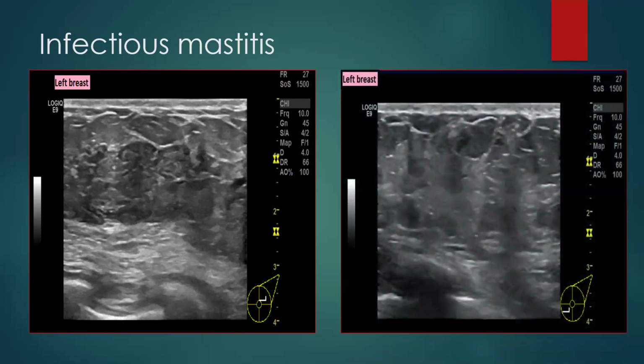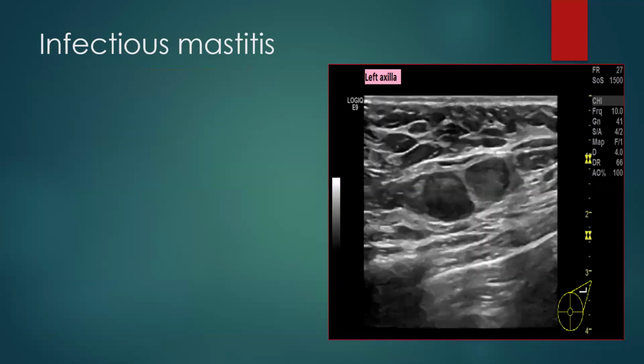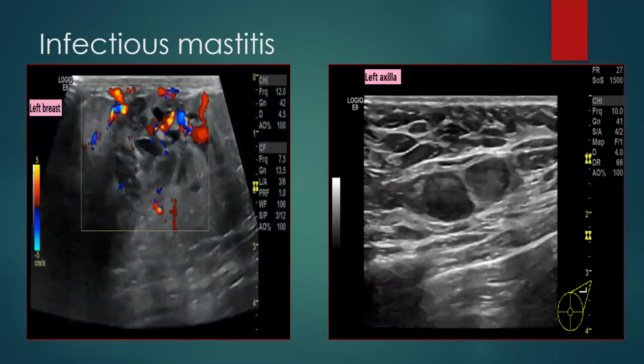I will show that in the next slide, besides the enlarged axillary lymph node, which will also appear in the next slide. There is no evidence of skin thickening or focal skin thickening or retraction, and there are no masses. There are dilated lactiferous ducts, but without evidence of wall thickening or internal echogenic component or debris.